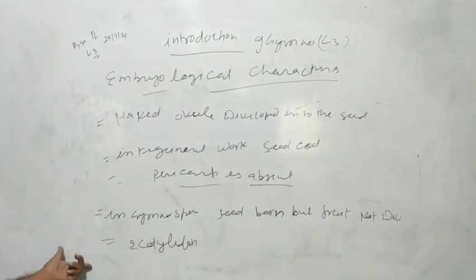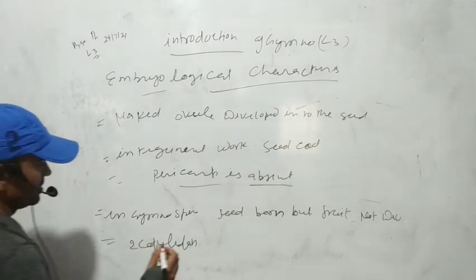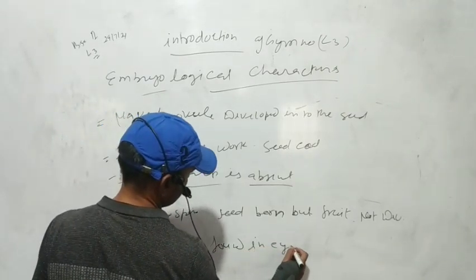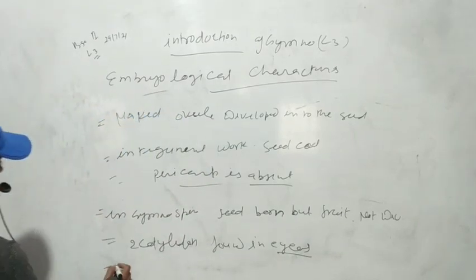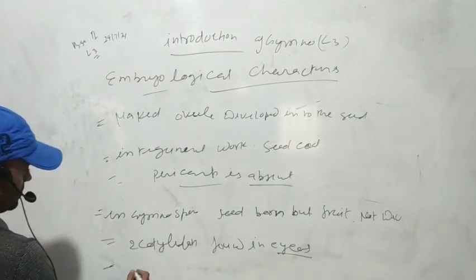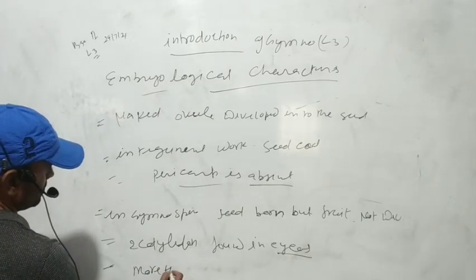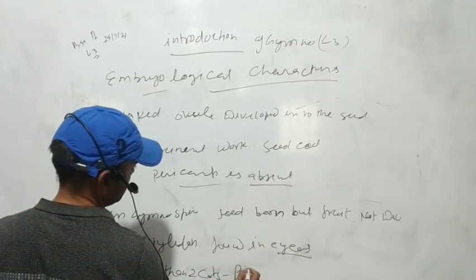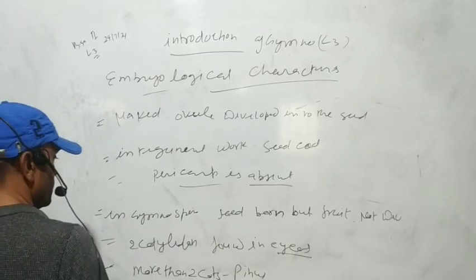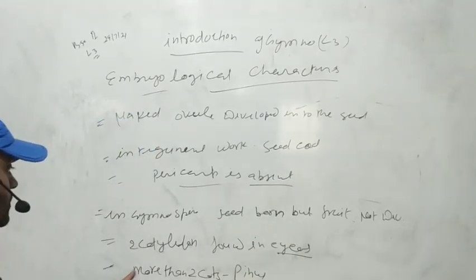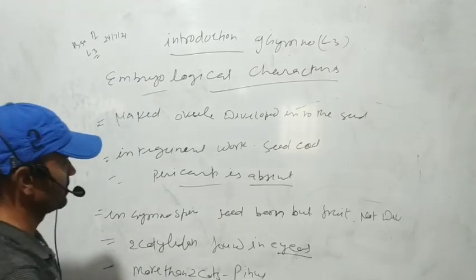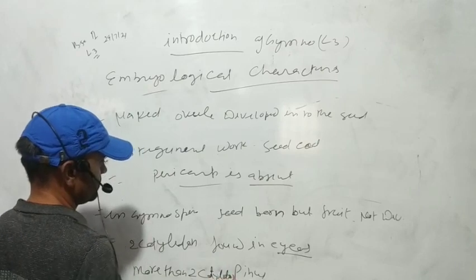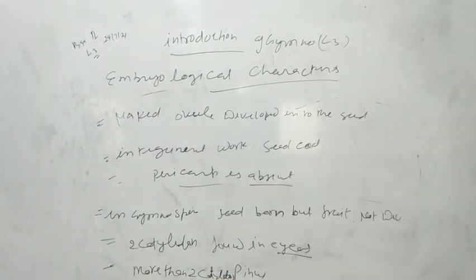So here we want to say two cotyledons are found in cycas, and more than two cotyledons are found in pinus. This is the character.